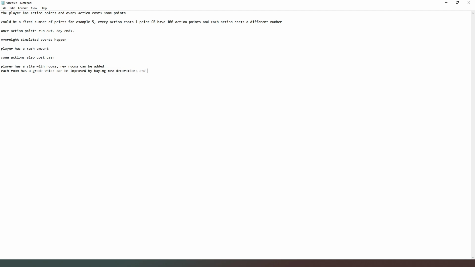And equipment. Yeah, so the player can buy personal equipment to improve certain stats.